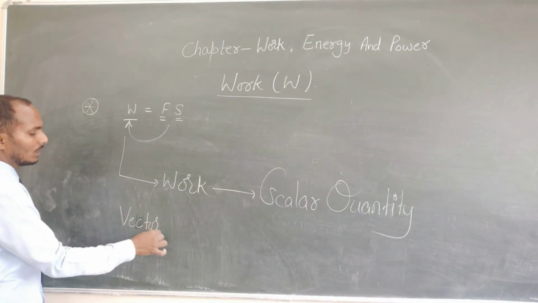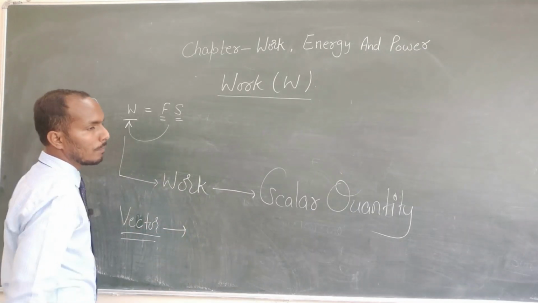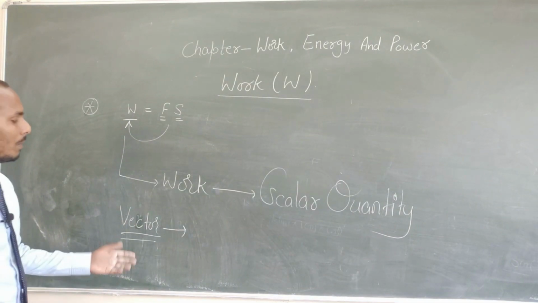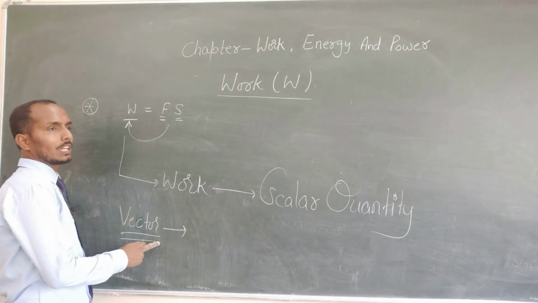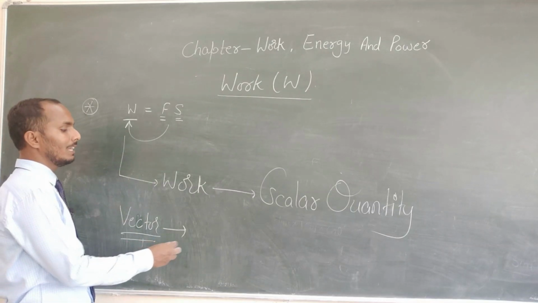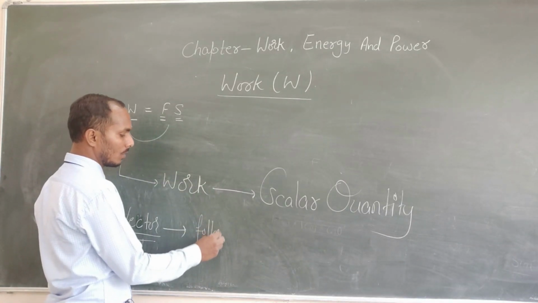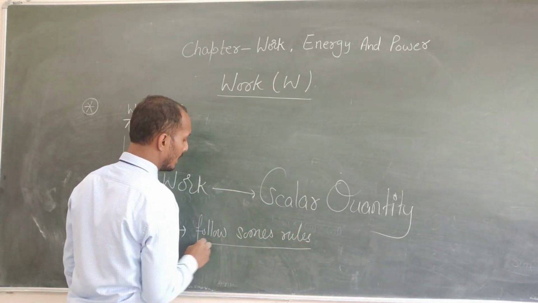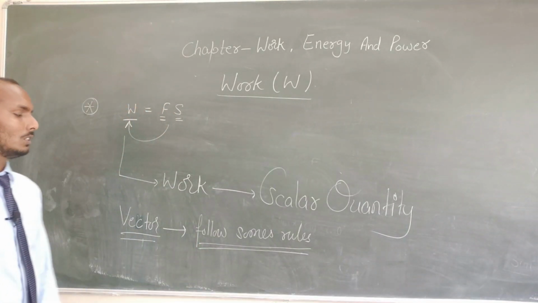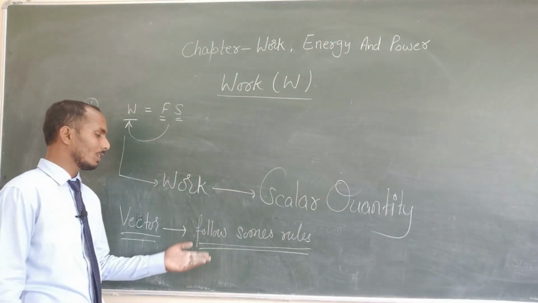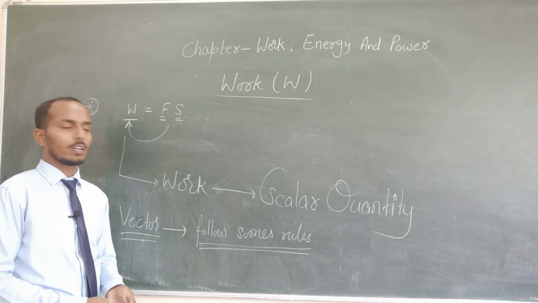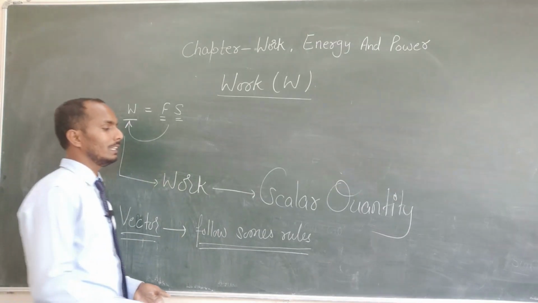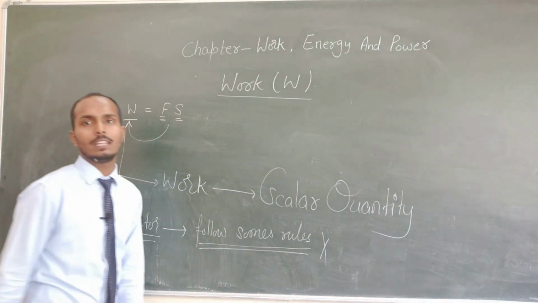Vector quantities are those quantities which have magnitude as well as direction, and also follow some rules. Algebraic addition does not give the same result. There are some rules, and when we apply these rules to such quantities, they fail.